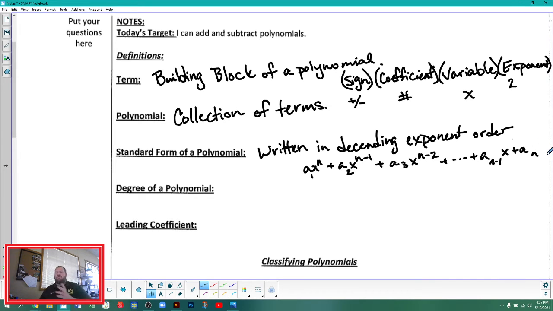So just putting them in descending order: an exponent of 3, then 2, then 1, then no exponent, and then just a number.